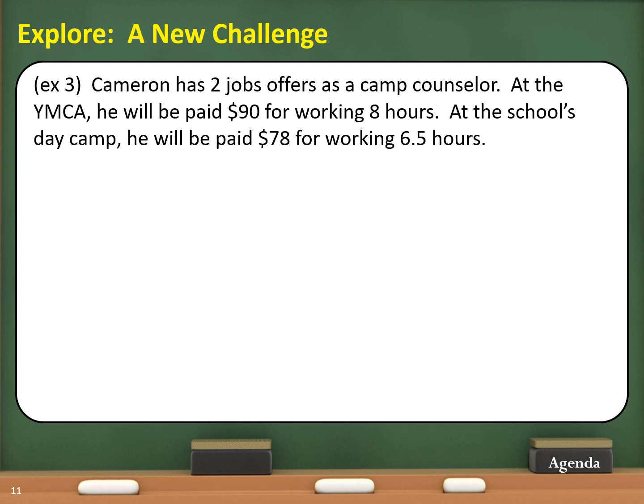YMCA or the school's day camp? The number of hours working is different. In YMCA, he has to work 8 hours and will get $90. In the day camp, his duty is only for 6.5 hours and they're paying $78.